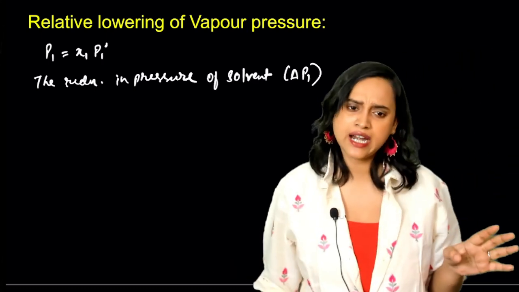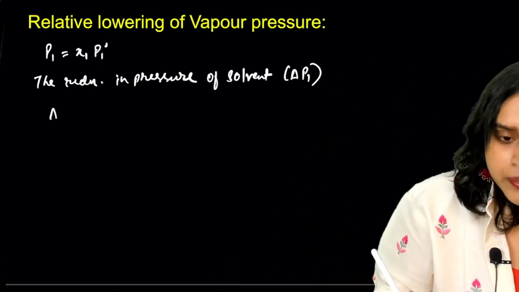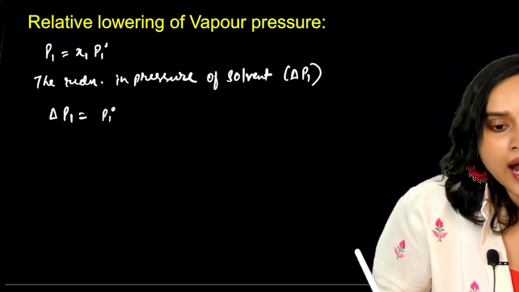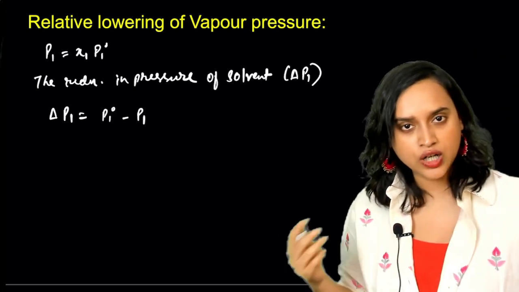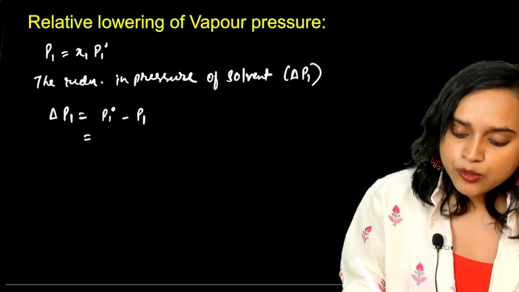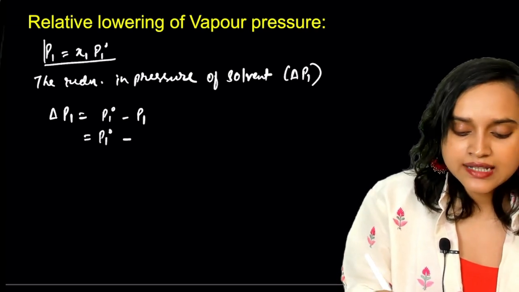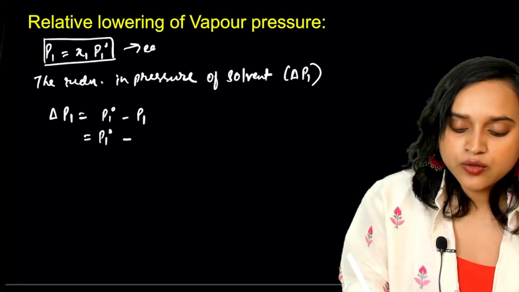Do you all agree with that? Yes. So delta P1 is going to be P1 naught minus P1. Do you all agree with this? Yes. Now P1 naught I'm going to write as it is, but P1 I know from this equation, from equation 1, let's say.